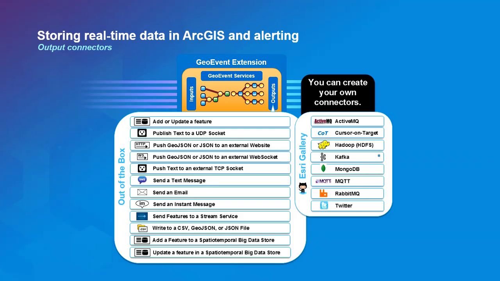And again, out on the gallery, we have a number of different output connectors available for writing out to things like MongoDB and Hadoop, or using some of the enterprise messaging systems like ActiveMQ or RabbitMQ to send instant messages or messages to your key stakeholders. Similar to inputs, you can use the GeoEvent SDK to develop your own output connectors. So if there's not one here that meets your specific needs, you can develop your own output connector to do so.